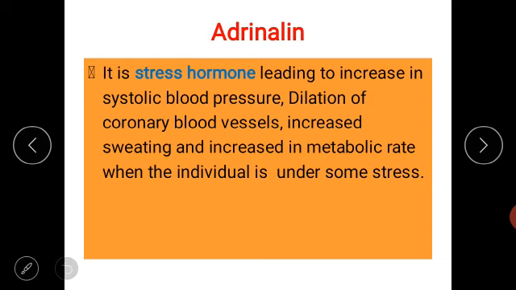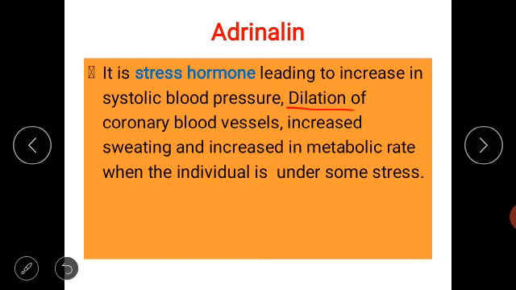So it increases the blood circulation in the body, and dilation of the coronary blood vessels occurs, in the sense that the diameter of the coronary blood vessels increases.